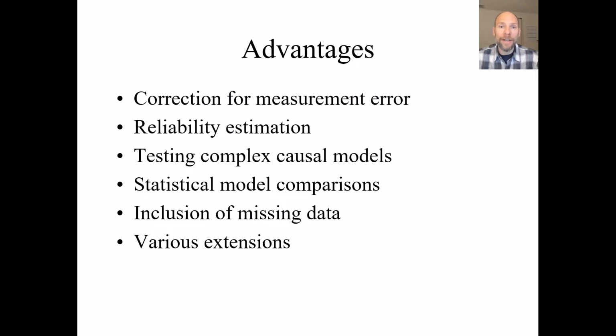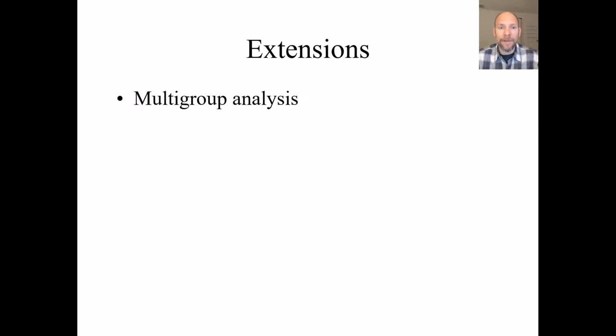Also, there are various extensions available for structural equation models. They are very flexible models, and I talk about some of the extensions on the next slide. One extension is, for example, for group comparisons, so-called multi-group confirmatory factor analysis or multi-group SEM, where we can first of all test for measurement equivalence across known groups that we want to compare.